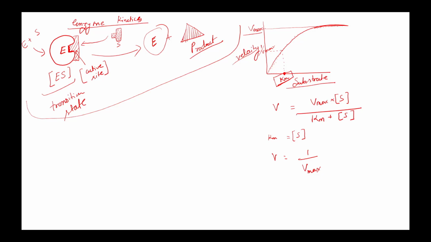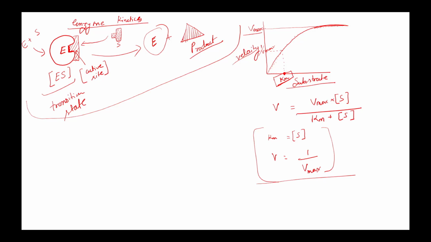So this is the equation we get from this. Km is the substrate concentration at which the rate of reaction is half of the maximum velocity. But demonstrating Vmax using a hyperbolic curve is quite difficult, because Vmax is only achieved at very high substrate concentration.